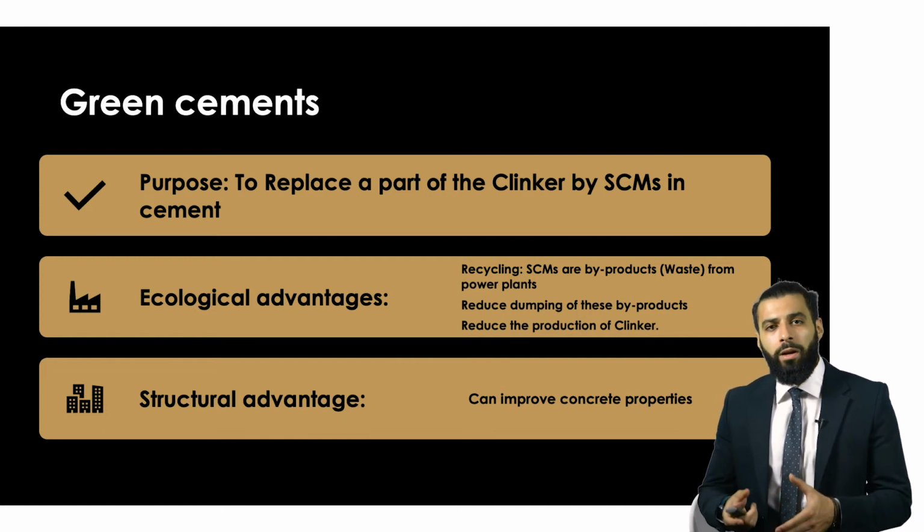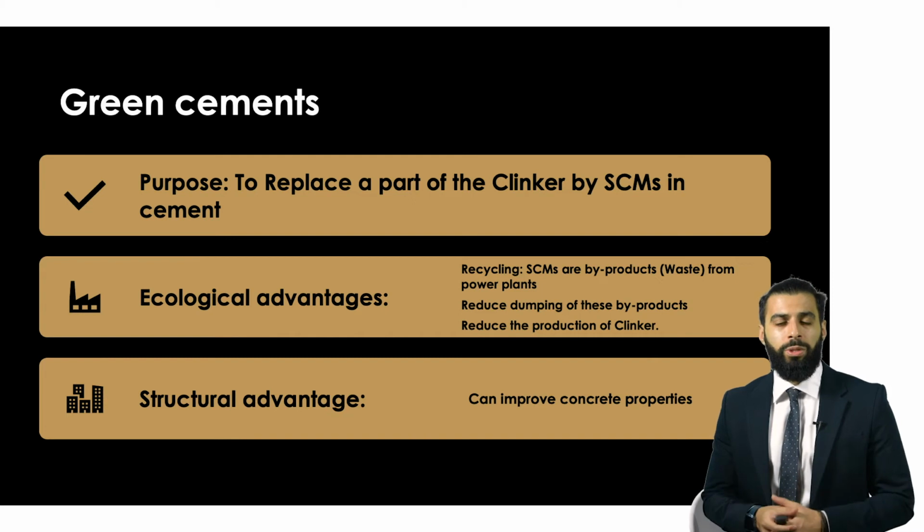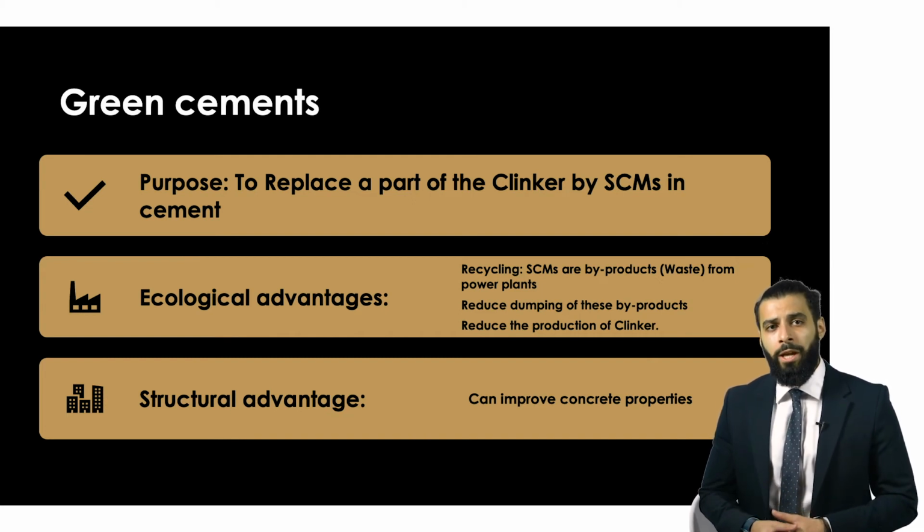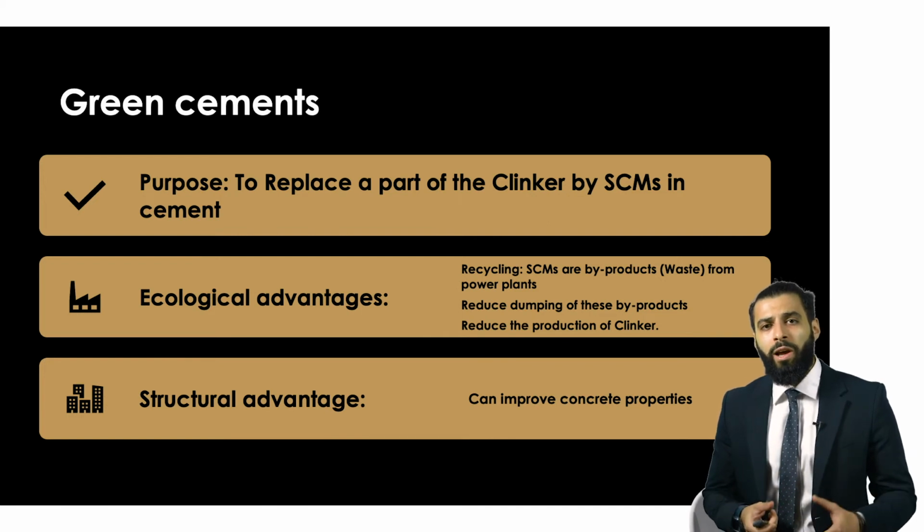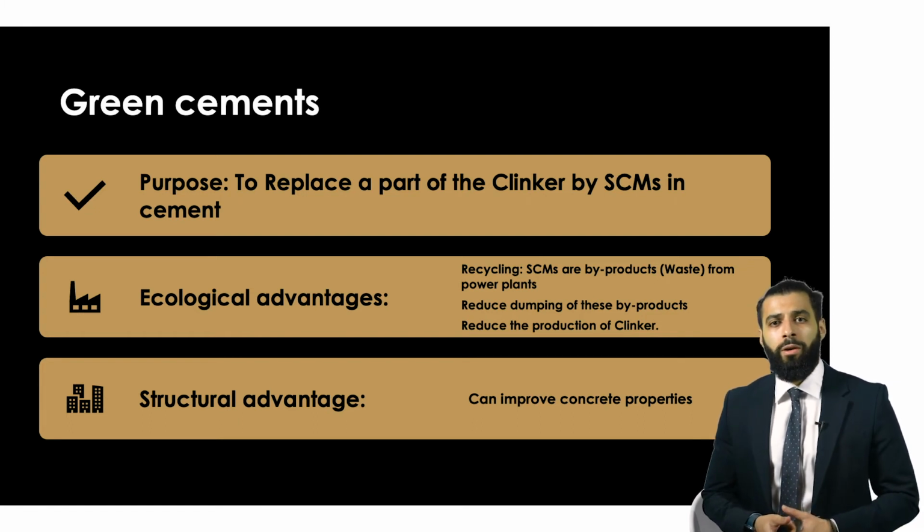So we're producing 90% clinker instead of the 100% originally, and we're replacing that 10% that's missing with SCMs. Because we're utilizing a byproduct, the SCMs are a byproduct of course, we're avoiding the disposal of these byproducts, so that's the first ecological advantage.